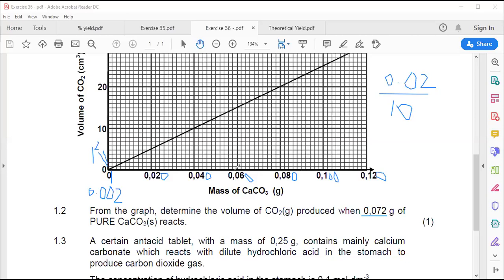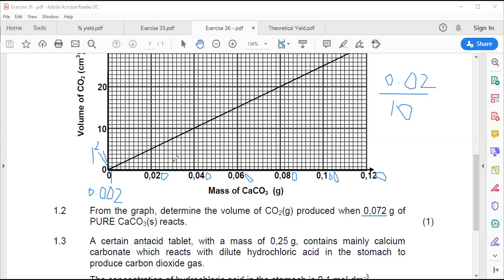The 0.020 that we have initially here, it means here you've got a 0, the next box becomes 0.002, the next one 0.004, 0.006, 0.008, 0.010, 0.012, 0.014, 0.016, 0.018. Then you come to 0.020 and so on.